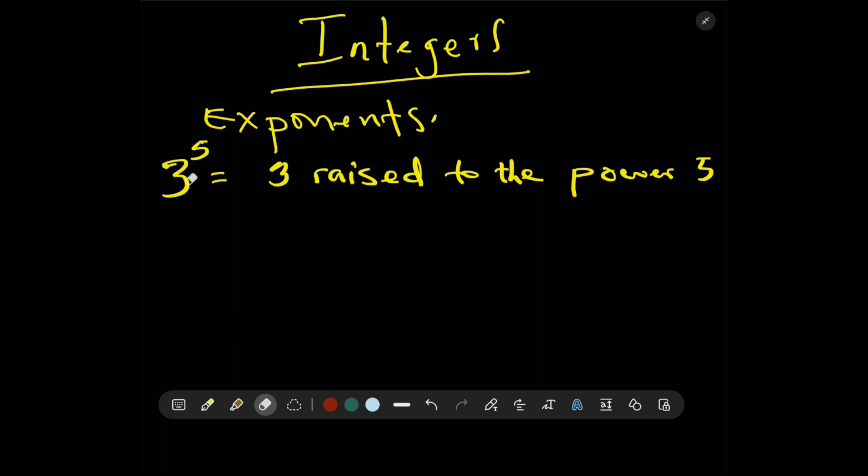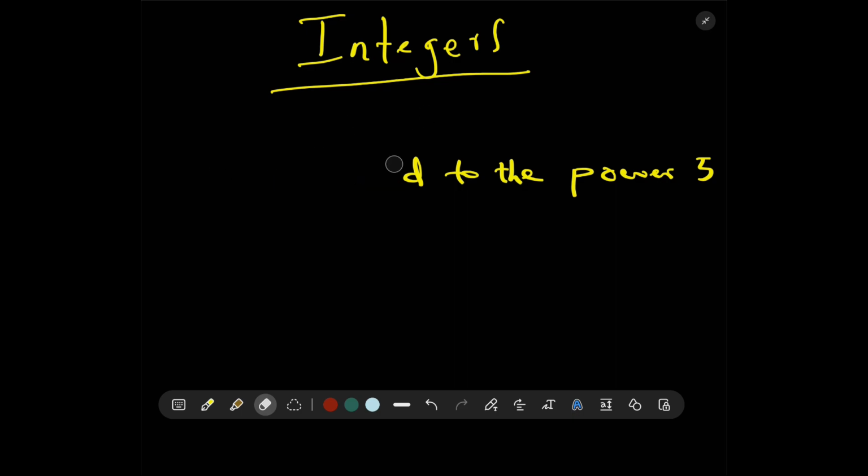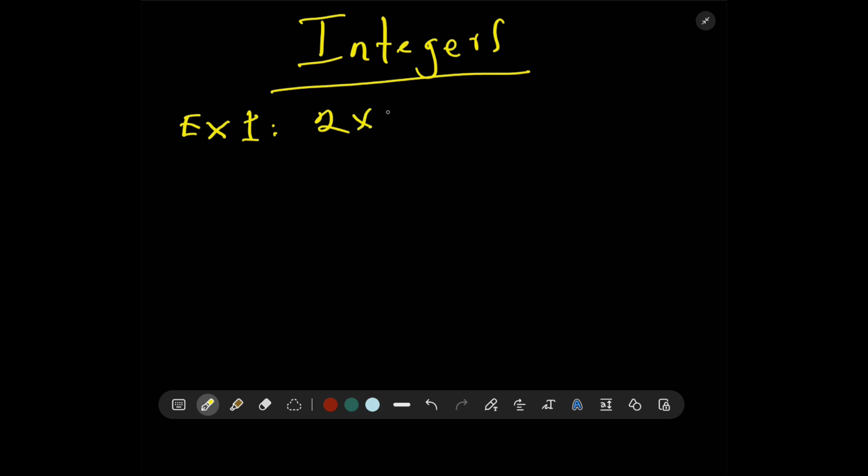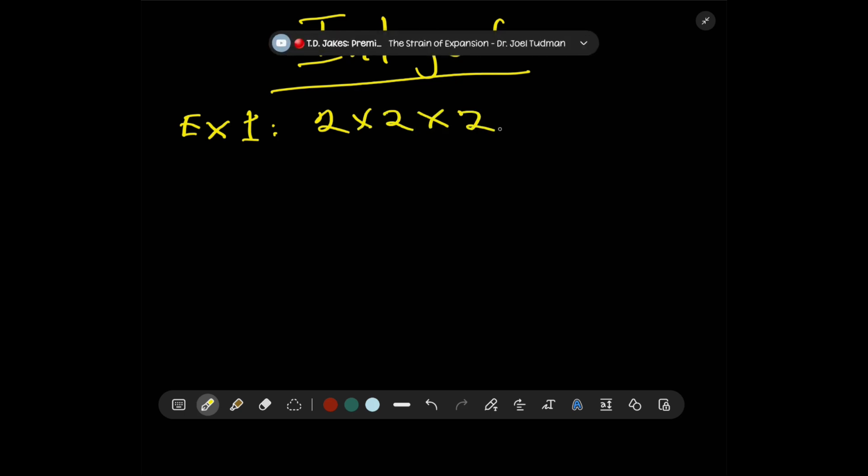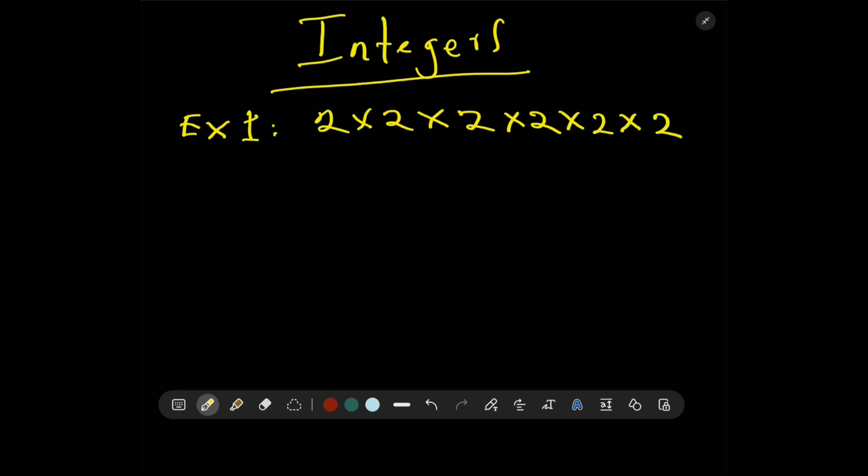Let me give another example. Let's write another thing in exponents. Example 1, we have 2 times 2 times 2 times 2 times 2 times 2. How do we write this in power form or exponent form? The first thing is, what number is repeating itself? That number is 2, right?